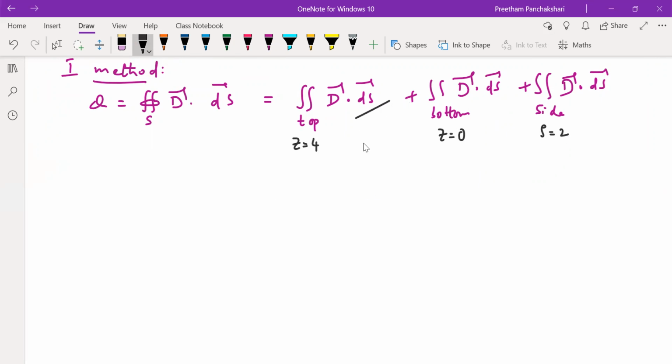Now we have to write the equation for ds on the top surface, ds on the bottom surface, and ds on the cylindrical side. So ds is the differential surface area. We have to write three equations for ds for the cylinder.